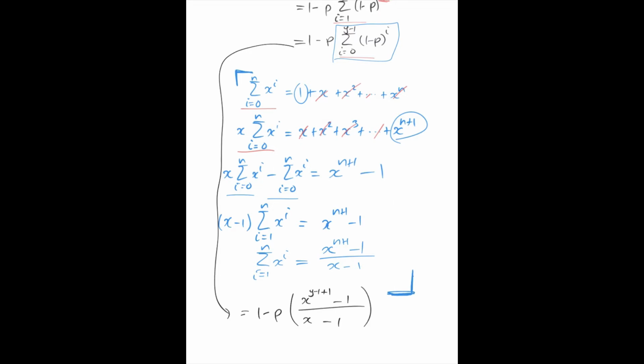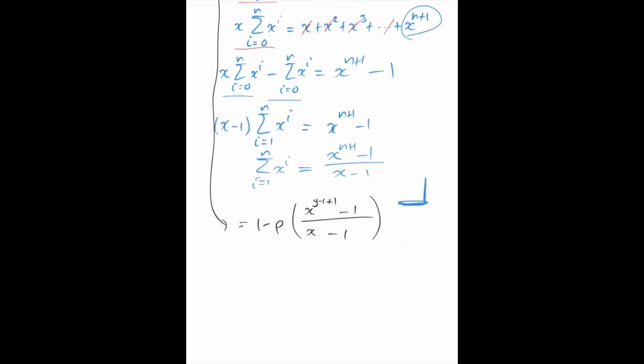However, once again, x is no longer x, x is 1 minus p. So what I should do is change that x and that x to be 1 minus p and 1 minus p. Great, so now we've used that information and we've used our little aside, and we can now just simplify it and hopefully get the answer we want.